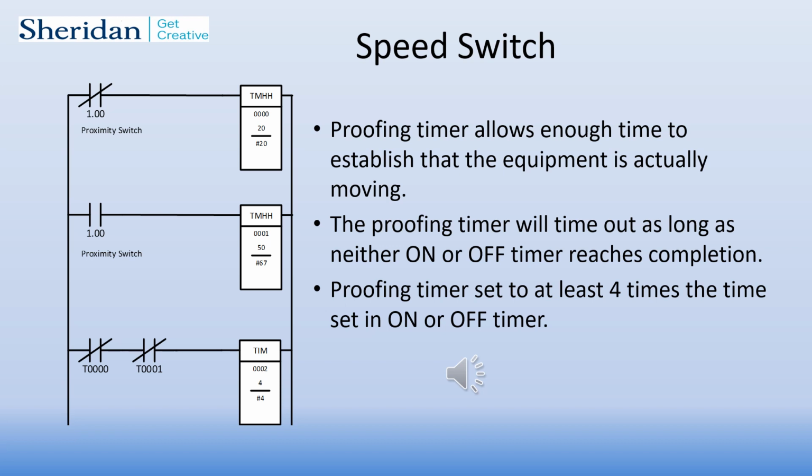Now, it's a good idea to set the proofing time for at least 4 times the time of the maximum one of the on and off timers. That gives it a couple of revolutions in order to prove that there is in fact speed, and it's not just a transient movement of the shaft, where something has moved it a bit but it is not continuously rotating.